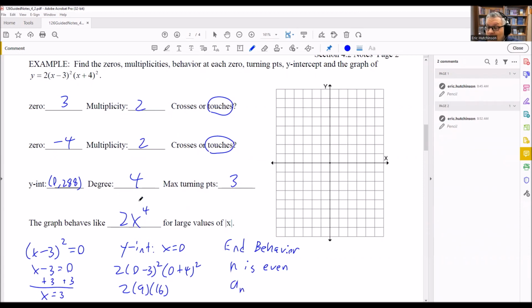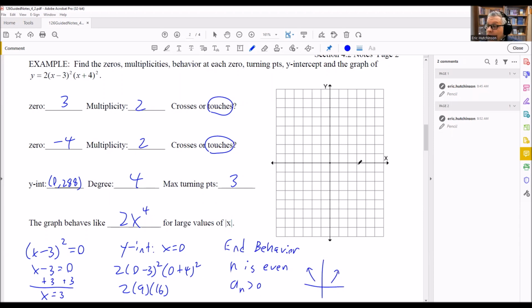We're just going to look at this term here, and we see that a sub n is greater than 0. That means if we look at our behavior models, it's going to look like this. I'm going to have something going up and something going up for each of those. There might be some other things happening in between, but I know for sure it's going to go up and up like that. That's my end behavior, and that's going to give me an idea of how to make this sketch.